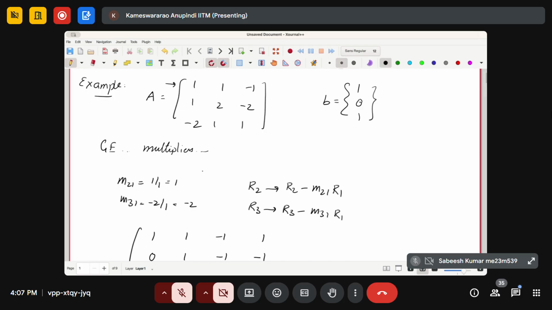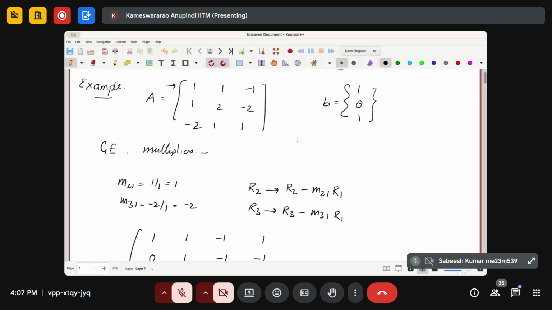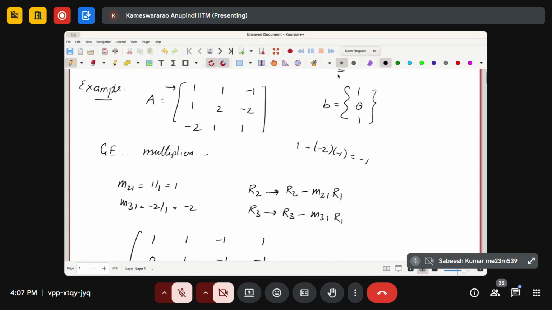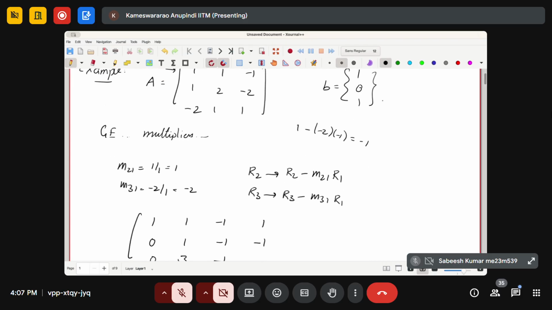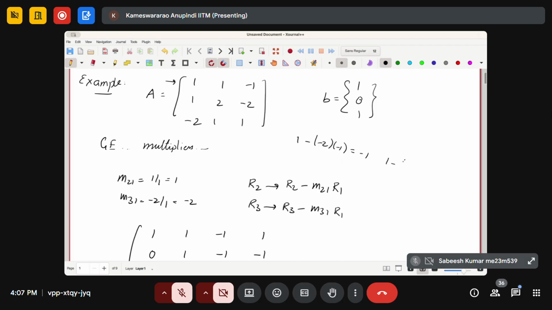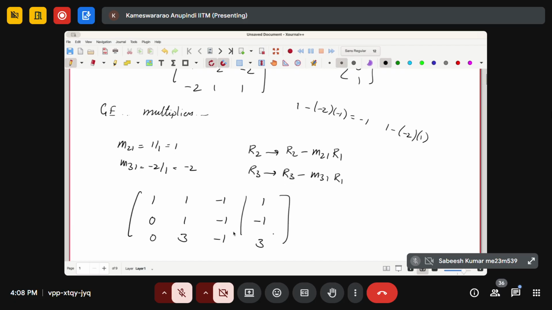For this one, we have 1 minus of minus 2 times minus 1, that is 1 minus 2, which is minus 1. Okay, so that's going to be minus 1. And then on the right hand side, we have 1 minus of minus 2 times 1, that's 1 plus 2, that is 3. Okay, so that's after the first row operation.